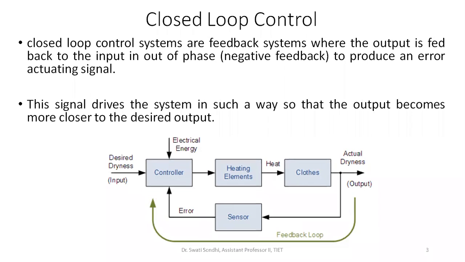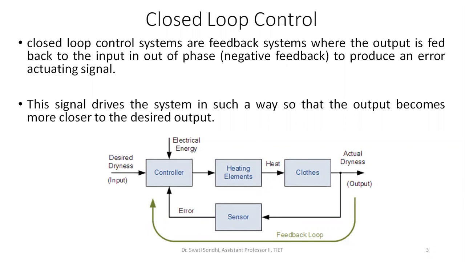But mostly, in systems where we are controlling the performance of certain equipment or elements or actuators, we use the negative feedback configuration, or you can say the out of phase feedback configuration, to produce an error actuating signal.